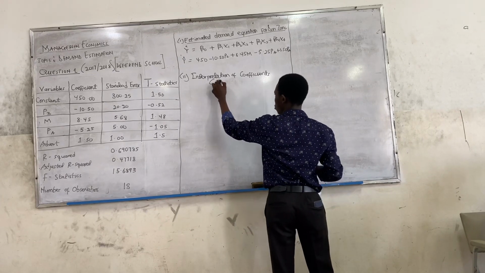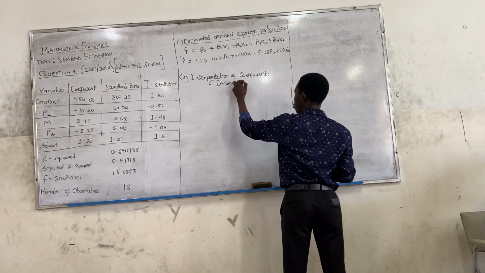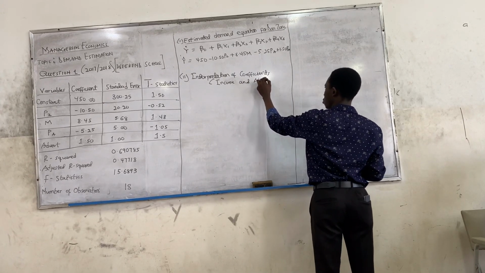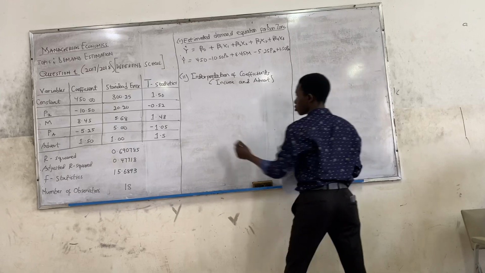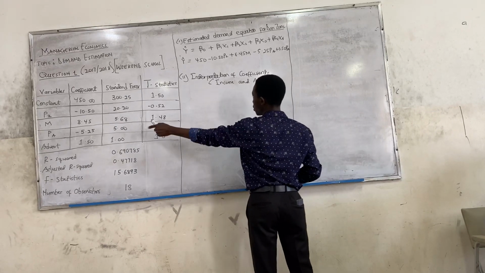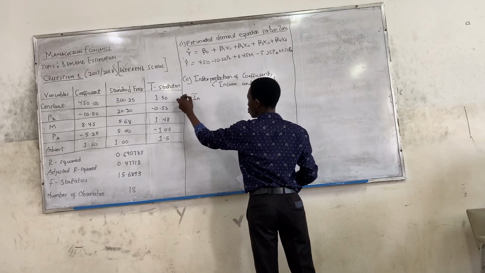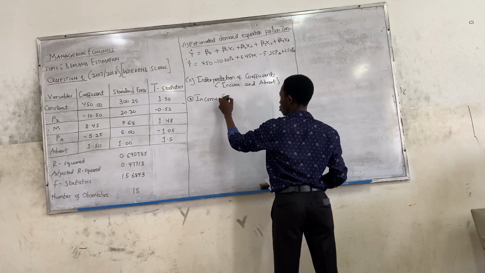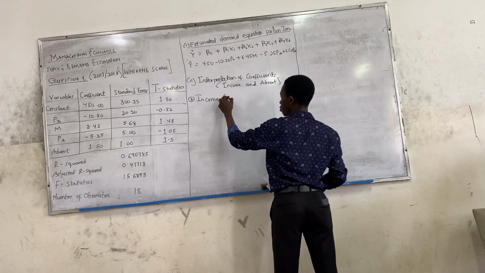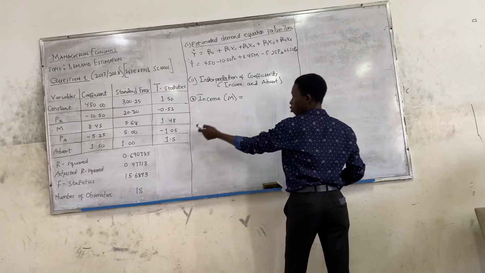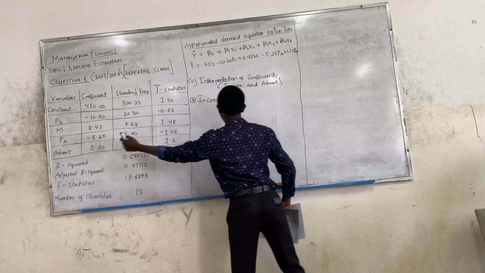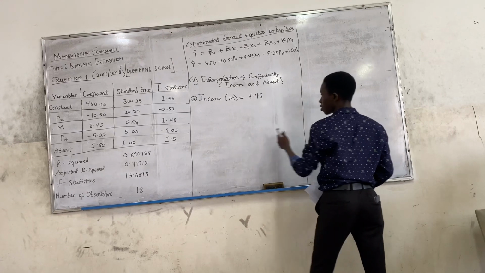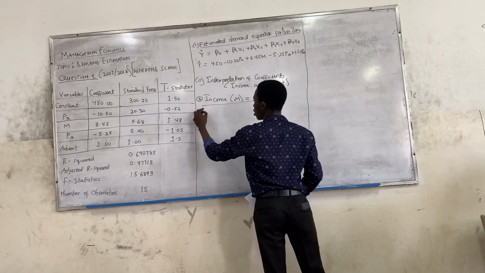So income, M. What was the value for income? Positive 8.45. So that's how you interpret it.